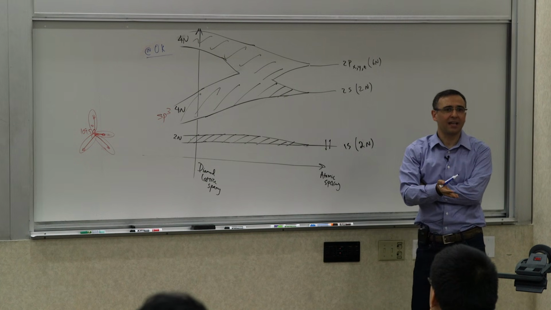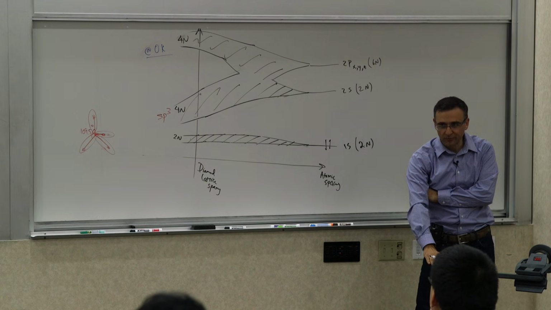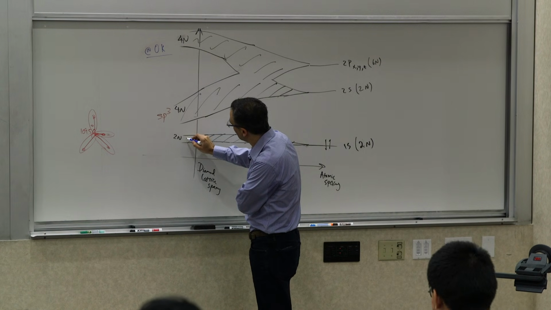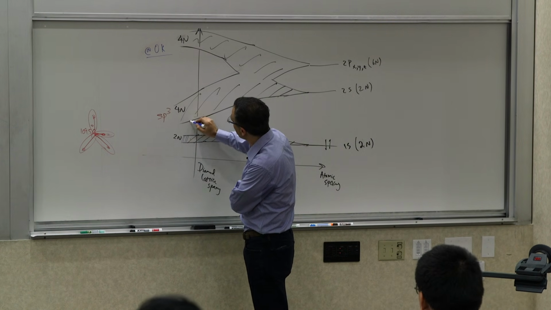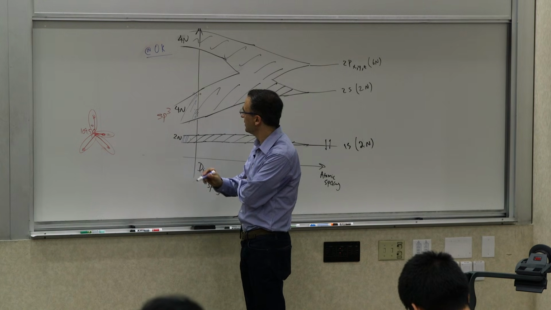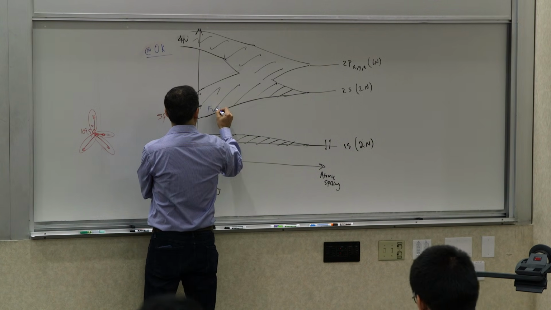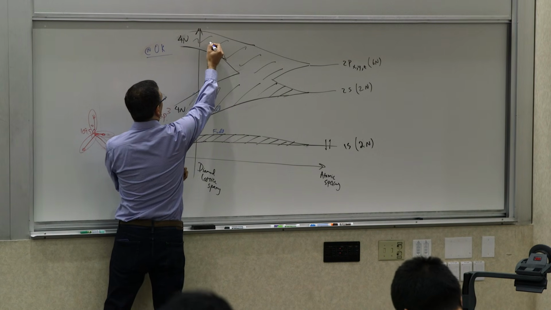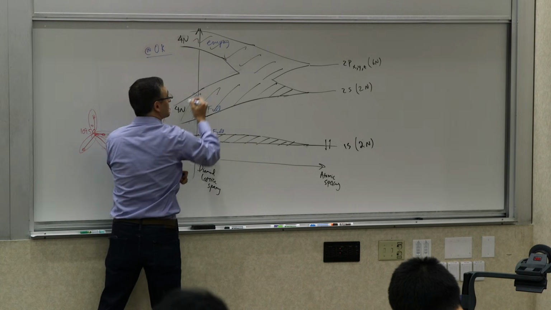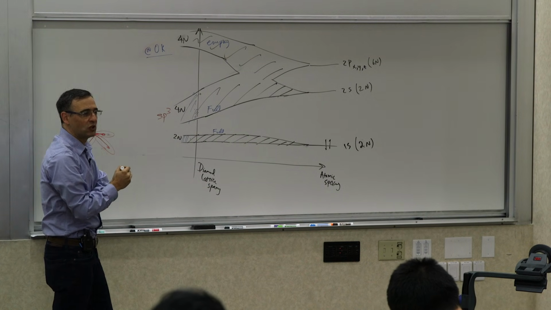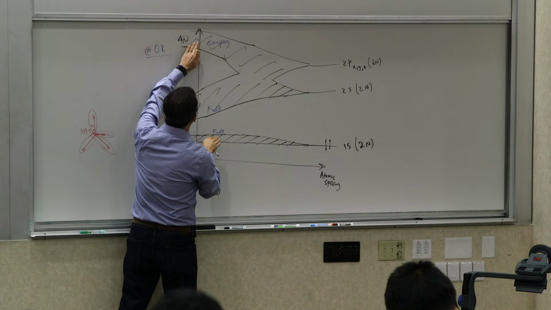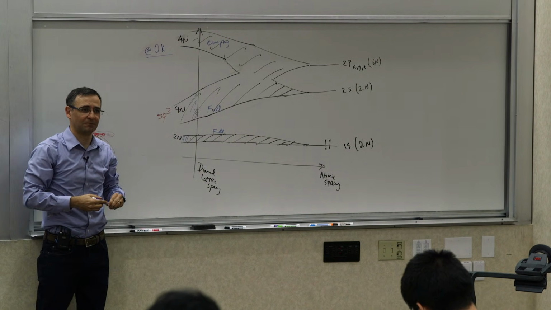At 0 Kelvin, there's no thermal energy, so everything will fill up from the lowest energy states. So these are completely full, and we've used up everything. So these are completely empty. Here you have 2 energy bands that are completely full, and this energy band that's completely empty.